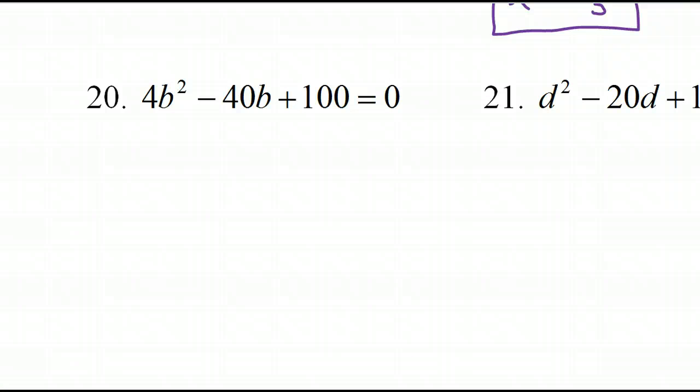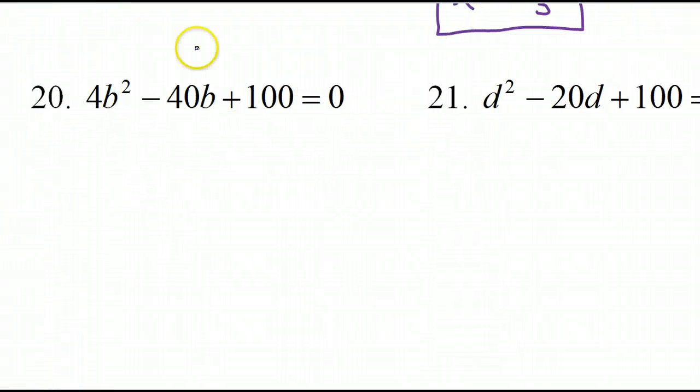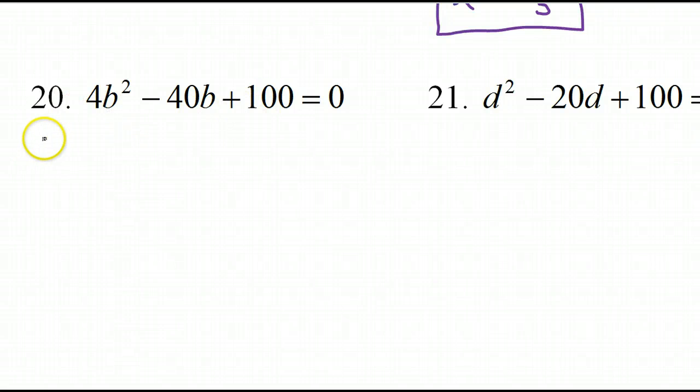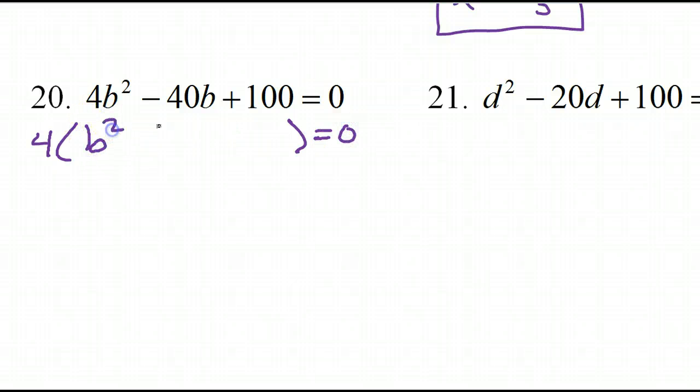How about number 20? Oh, I see a GCF. All of these are divisible by 4. Just use blue. Okay, time for purple. I'm going to divide everything by 4. Pull out the common factor. So that's going to make b squared minus 10b plus 25.